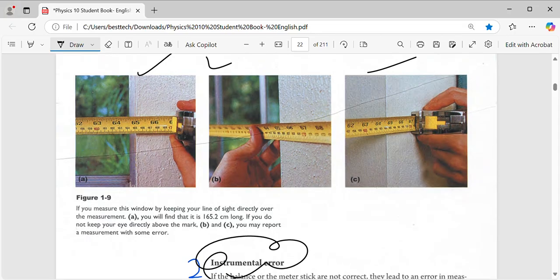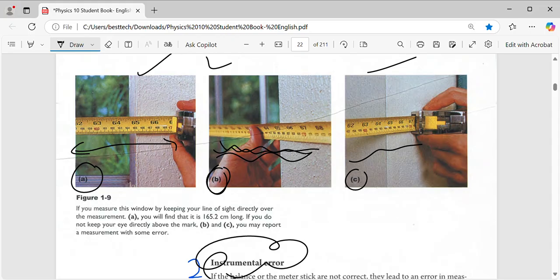In part A, I would like to measure the distance in that direction. This is a meter stick. I would like to measure the length of this window in that direction. In part B, I change my angle, my position. I did it from another angle, in another direction. Part C is the same. So part A, part B, part C, same meter stick, same thing.